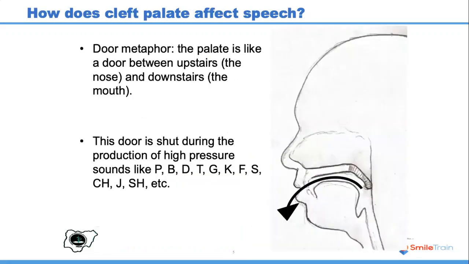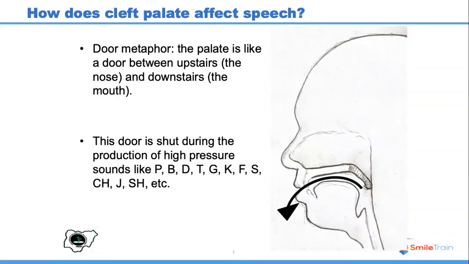And I will wonder, how does this affect the production of speech? I would use the door metaphor to explain it. Let's imagine the palate as a door that is separating the nasal cavity, that's the room upstairs, from the oral cavity, that's the room downstairs.